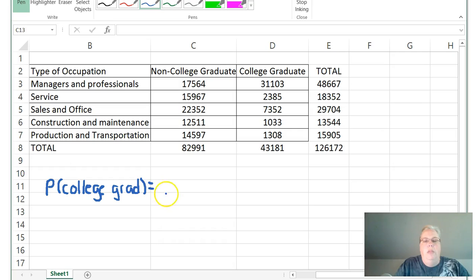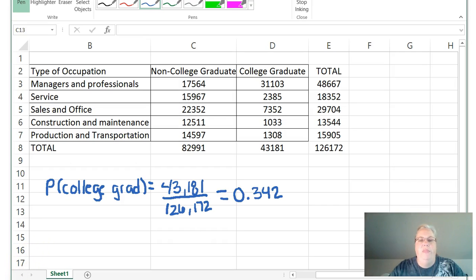And that is going to be equal to all of the college graduates right here, 43,181, divided by all the people in our sample right here, 126,172. And if we put that in the calculator to get the decimal approximation out to 3 decimal places, we get 0.342.